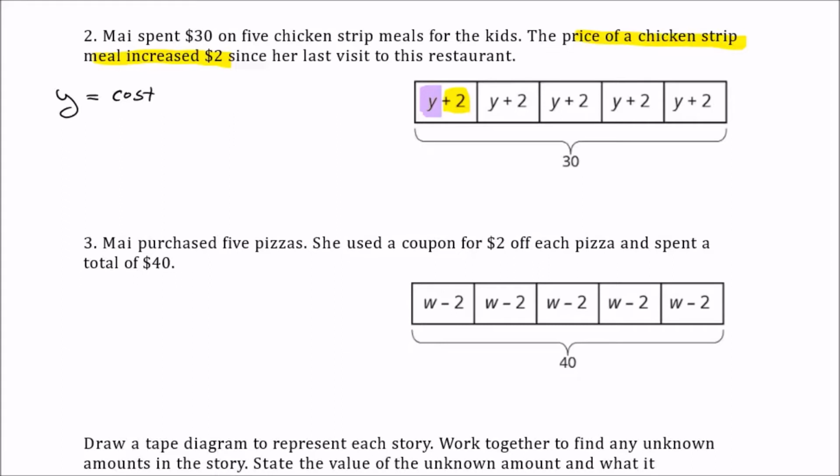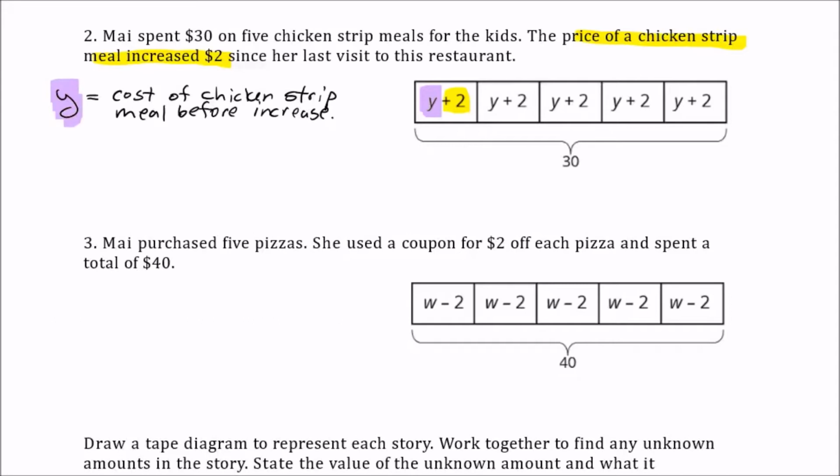So this is the cost of a chicken strip meal. We don't just want to leave it at that, because there's really 2 costs going on here. There's the cost before and the cost after the increase. So this is before the increase. That's what the y value represents here.